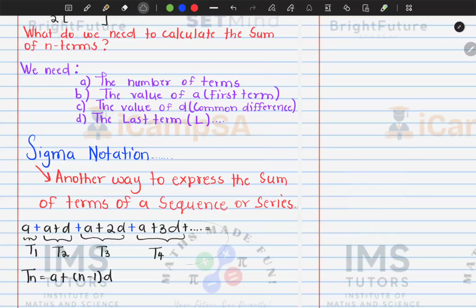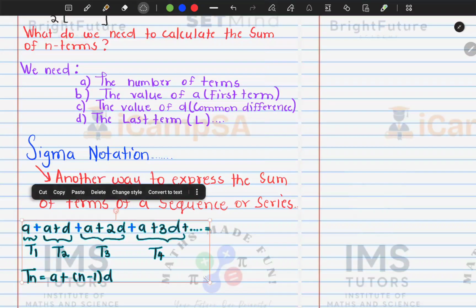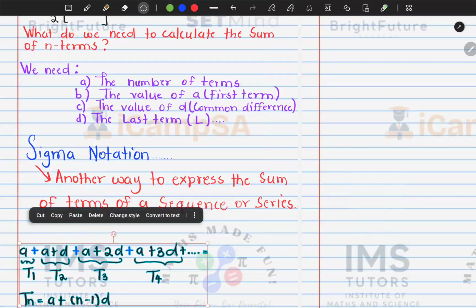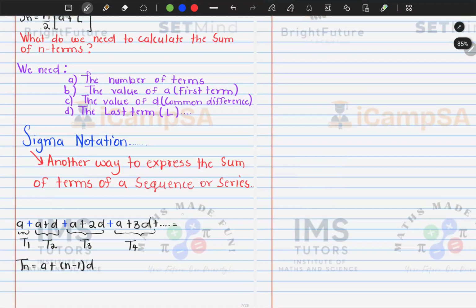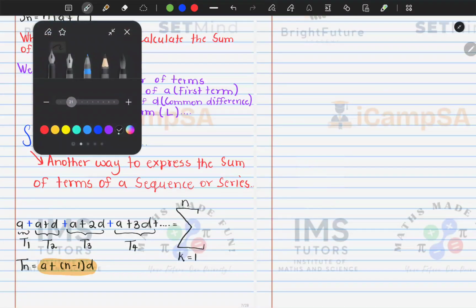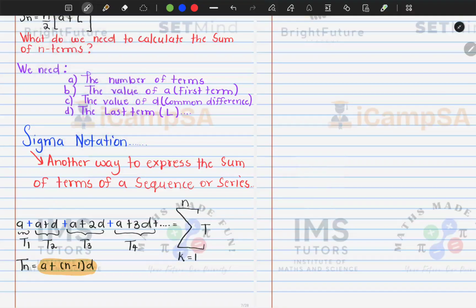If we want to express it in sigma notation, all we do is put in the sigma sign, which is the sign that looks like a very weird E, and we'll always start from k is 1 up until we get to n. And what we put here is our general equation, essentially our Tk.